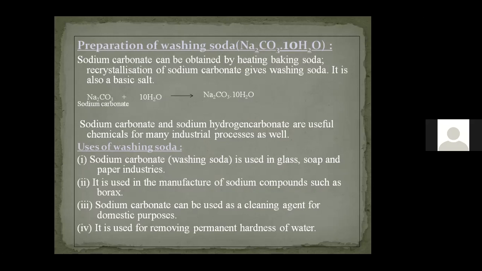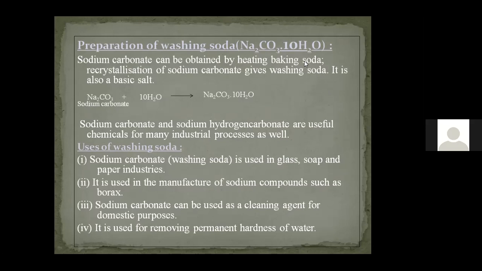To avoid that, we first have to convert the hard water into soft water. The hardness of water can be removed by removing the calcium ion and magnesium ion from the water. To remove them, we add sodium carbonate.